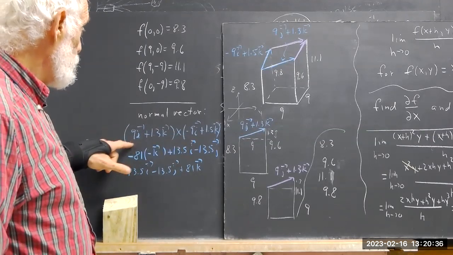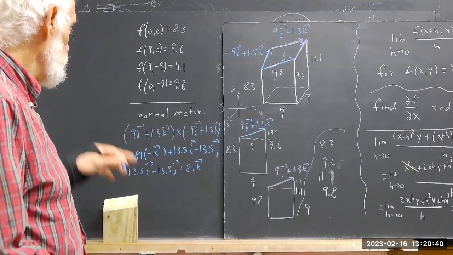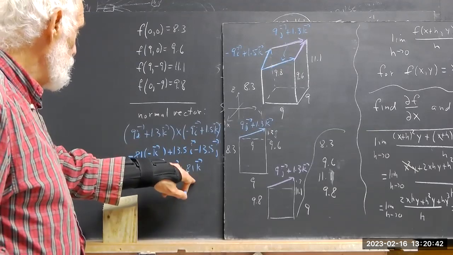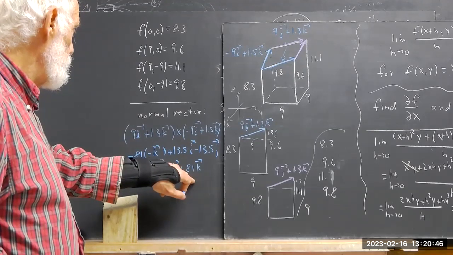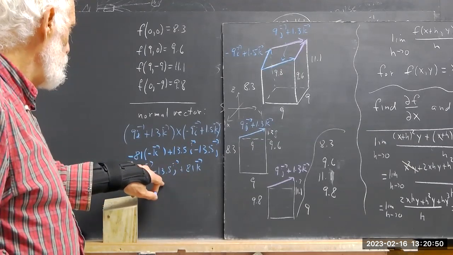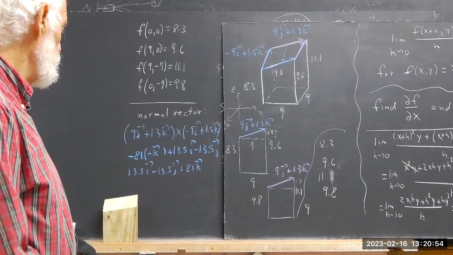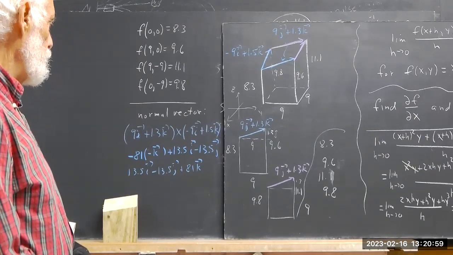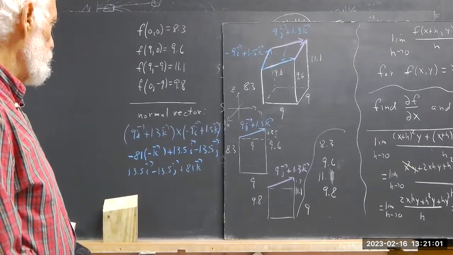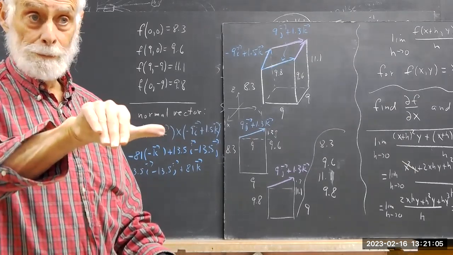Negative 9I does what it ought to, because J plus I is negative K, gives me a positive 81. The way I look at it, K cross I is definitely J. Here's K, here's I, there's J.